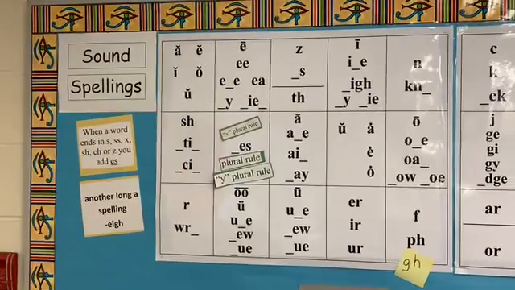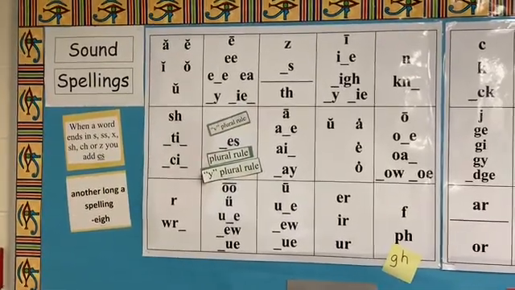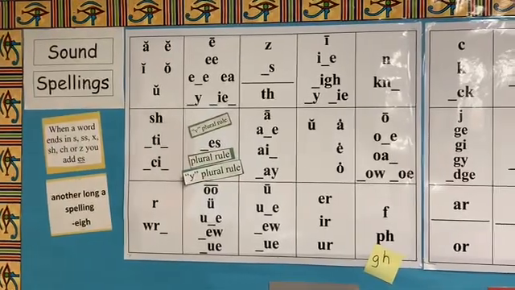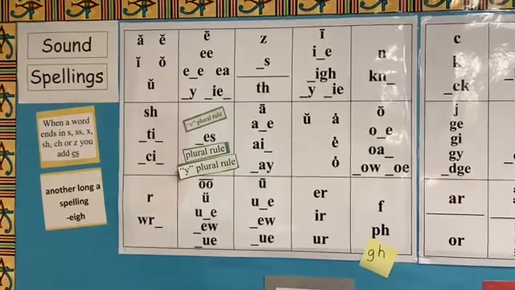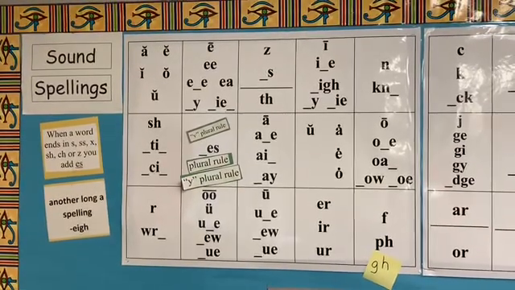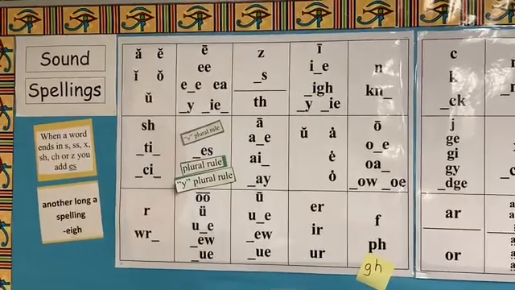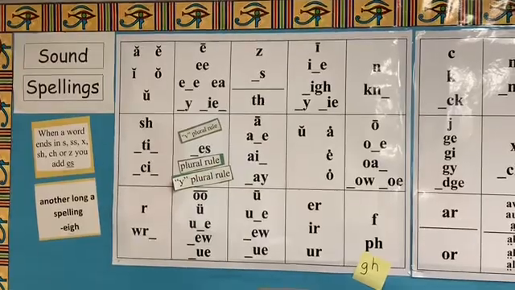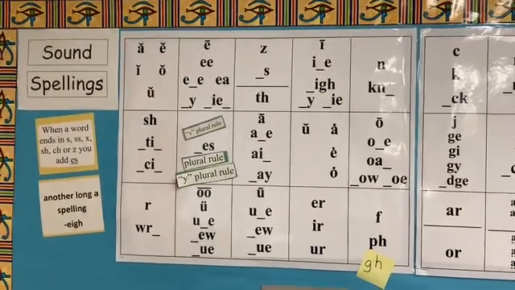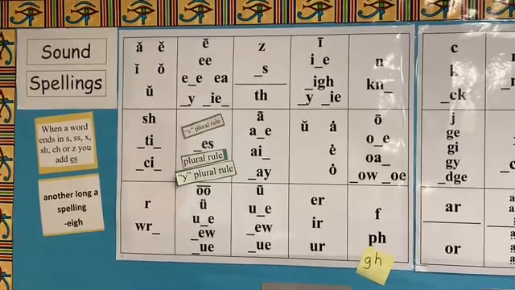Sound. Spellings. A curve, E curve, I curve, O curve, U curve. Sound. E. Spellings. E mark, E blank E, A, blank Y, blank I, blank. Sound. Z. Spelling. Z blank S. Sound. Th.